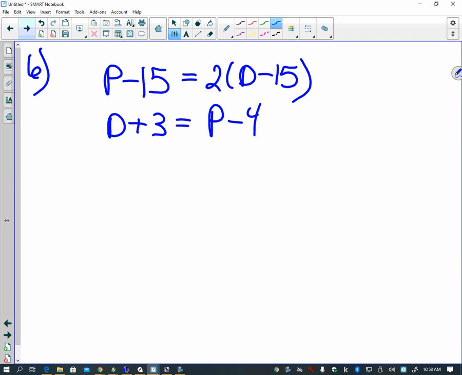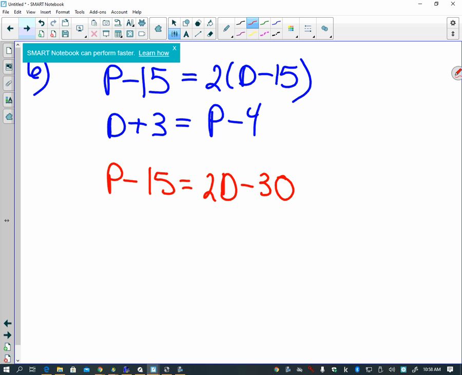Now, what you guys can do and what you're probably prone to do is, if I can get P and D on the same side of both of those equations, I can use a matrix. Okay? So, for instance, up here, we have P minus 15 equals 2D minus 30.